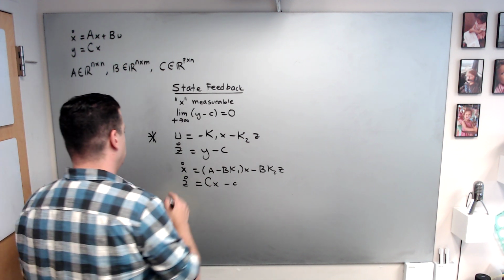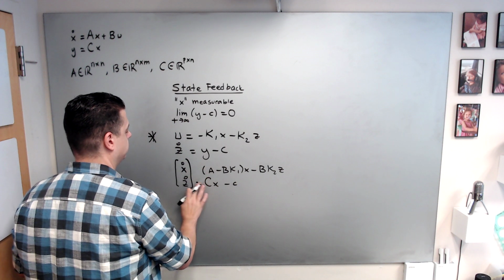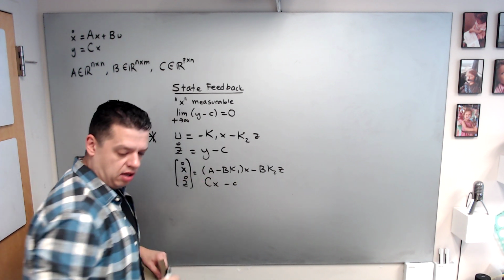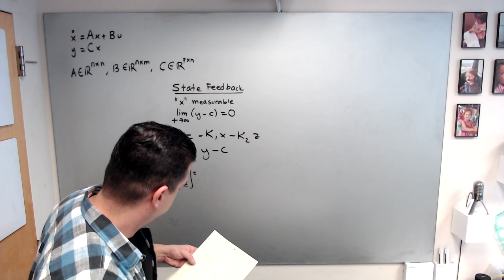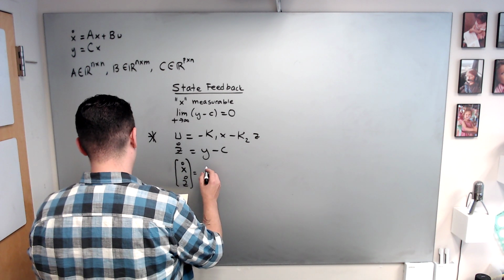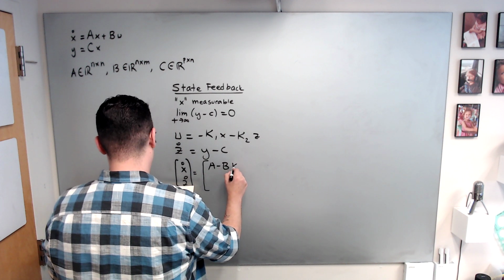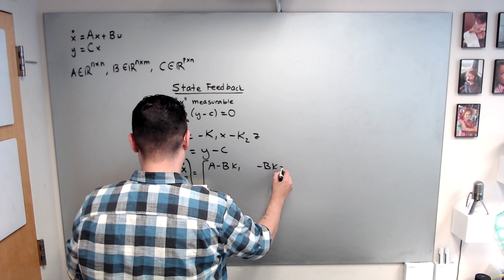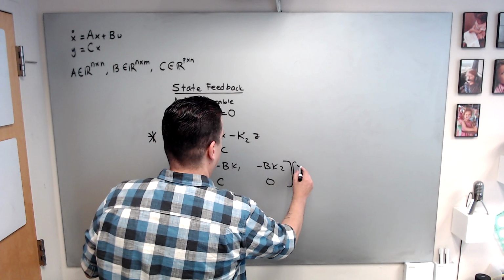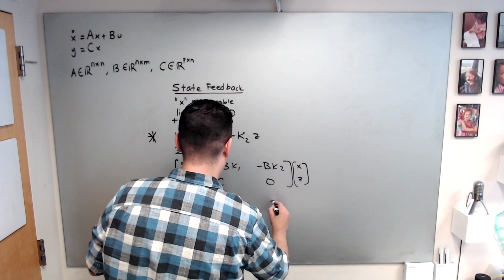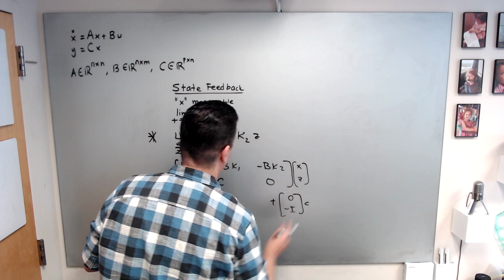Now you can combine these equations into one. And if you do so, you are going to arrive at x dot, z dot equals the matrix [A minus BK1, minus BK2; C, 0] times x, z, plus [0; minus identity] multiplied by the command.